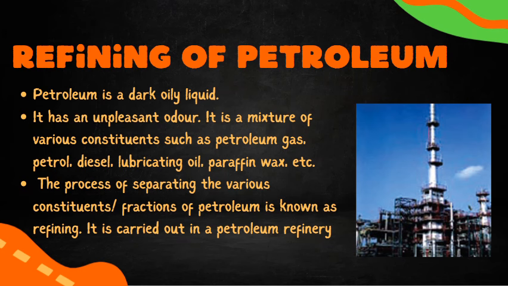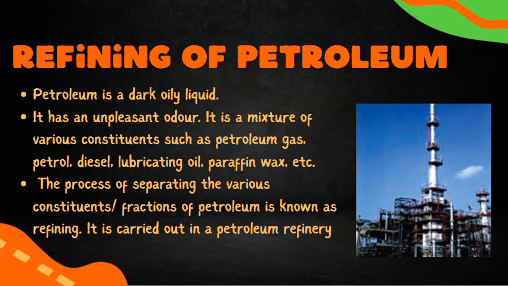Refining of petroleum. Petroleum, as you know, is a dark oily liquid. It has a very unpleasant odor and it is a mixture of various constituents, such as petroleum gas, petrol, diesel, lubricating oil, paraffin wax, that is also known as Vaseline, etc. The process of separating the various constituents or fractions of petroleum is known as refining.